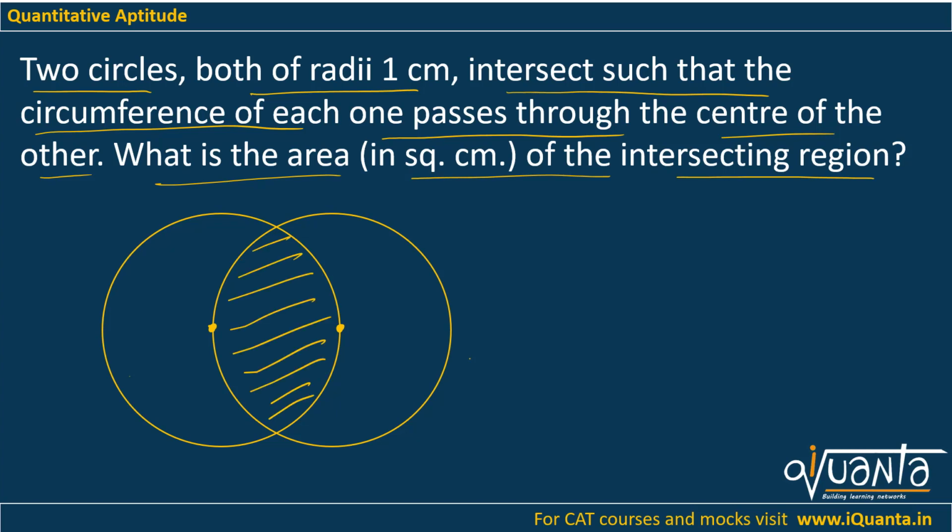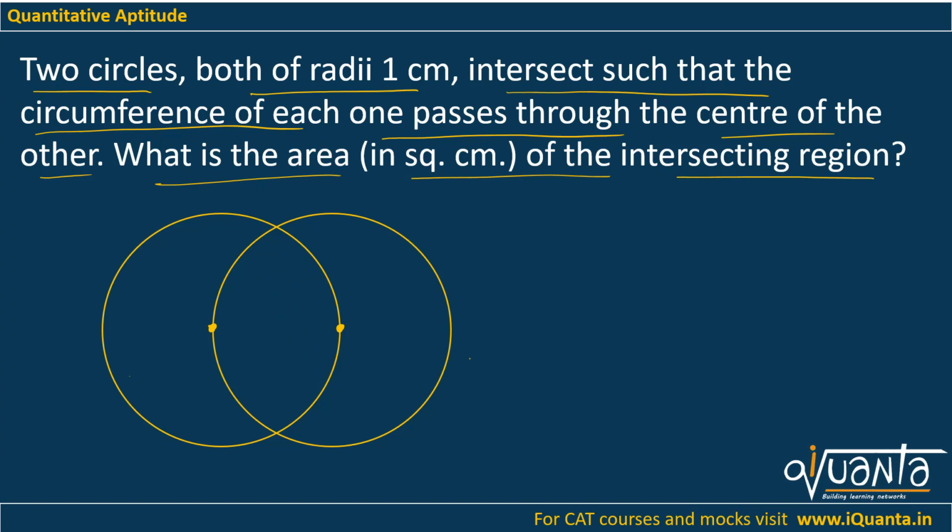Okay, so for the region that we have over here, we do not have any direct formula to find its area, because we do not have any such geometrical figure for which an area formula is defined. So in such questions you will always try to break the region into small parts for which you know the area.